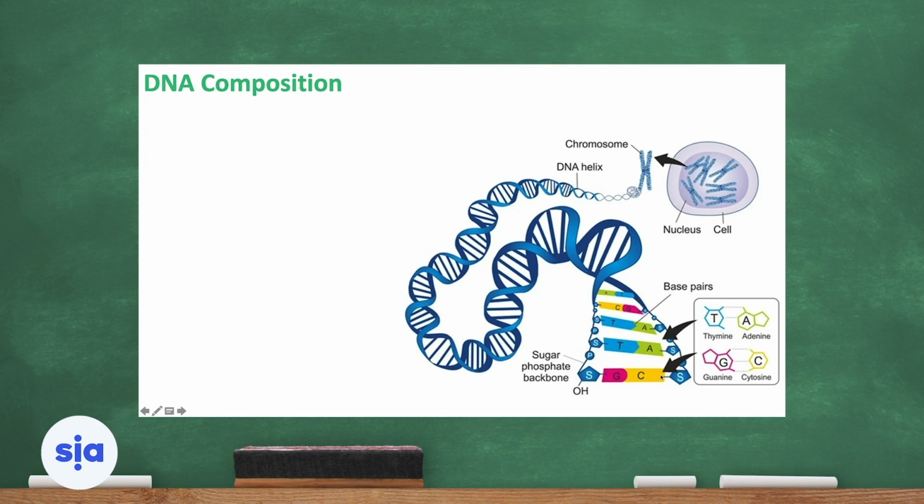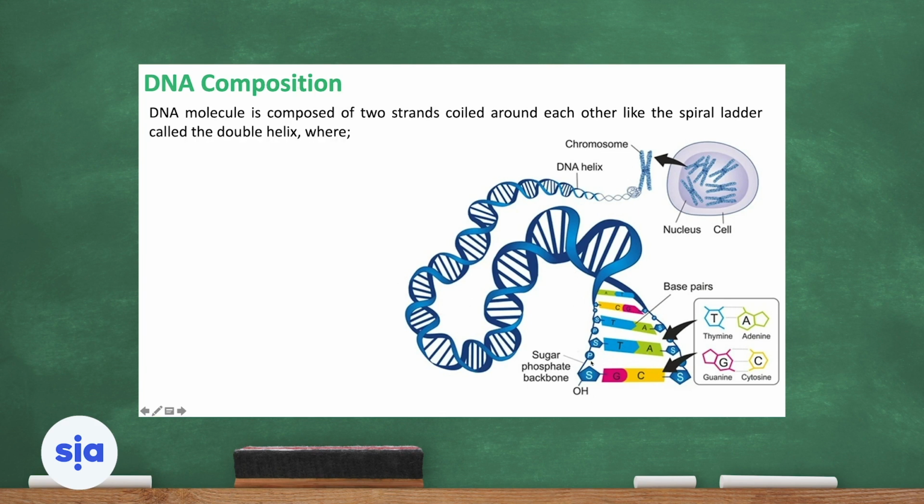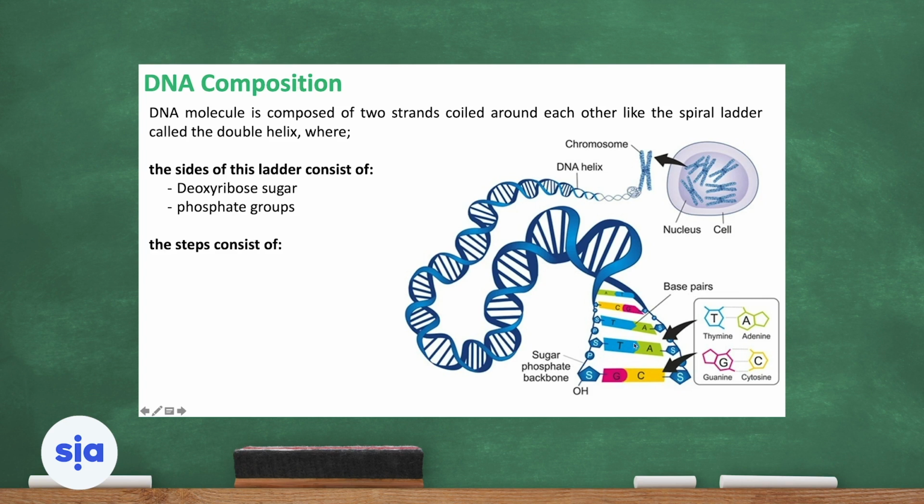If you look at this picture, you will see DNA is composed of two strands coiled around each other like a spiral ladder, called the double helix. The sides of this ladder consist of deoxyribose sugar and phosphate groups, while the steps consist of groups of nitrogenous bases, which are adenine, thymine, cytosine, and guanine.